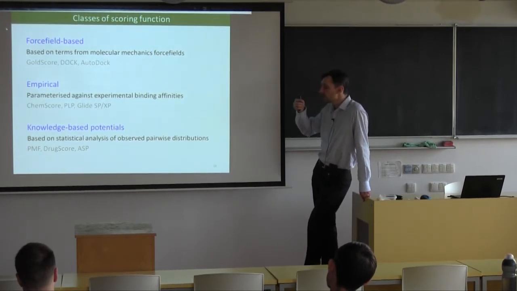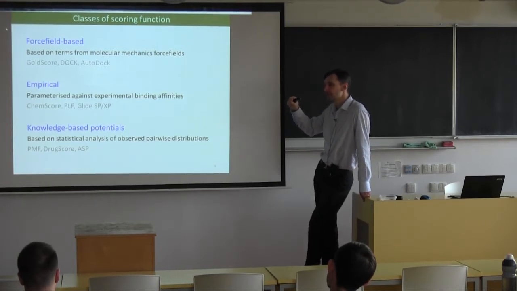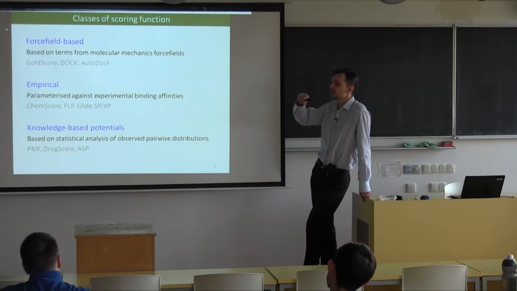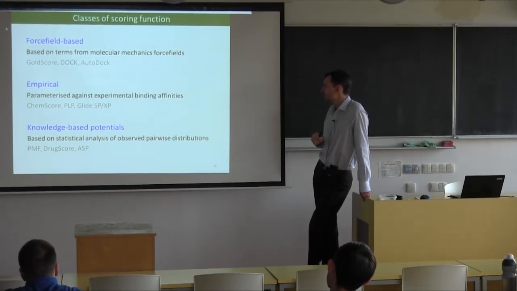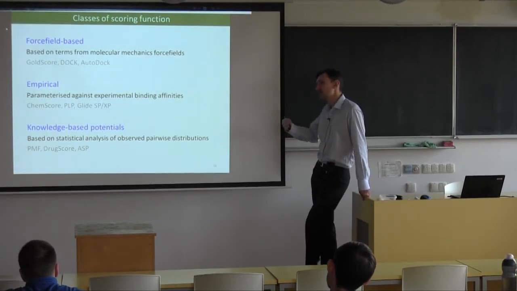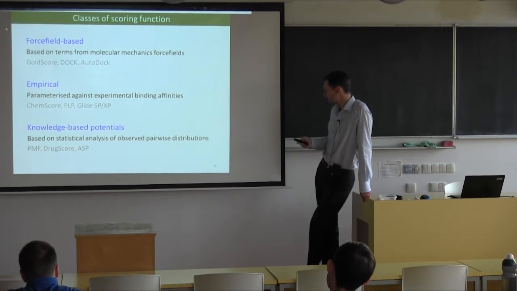You can calculate the frequency of some contacts, observe it, and based on this principle develop a scoring function which can evaluate whether an interaction is favorable or not, based on purely statistical enumeration of observed contacts in already known PDB structures.